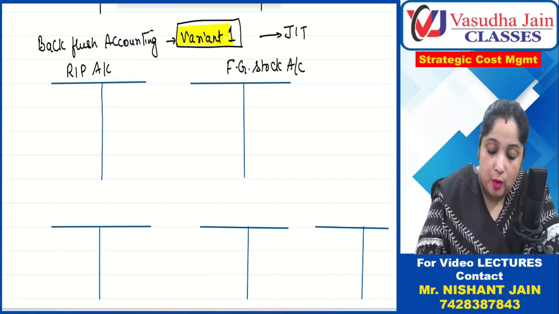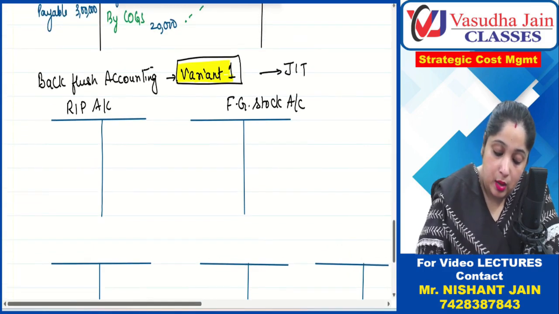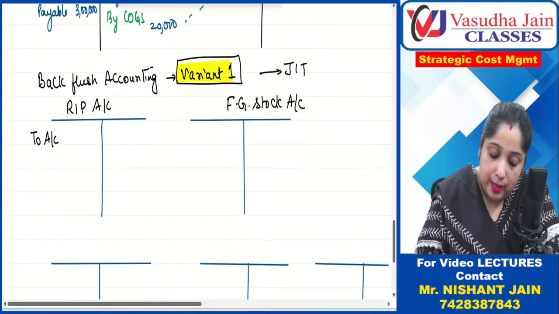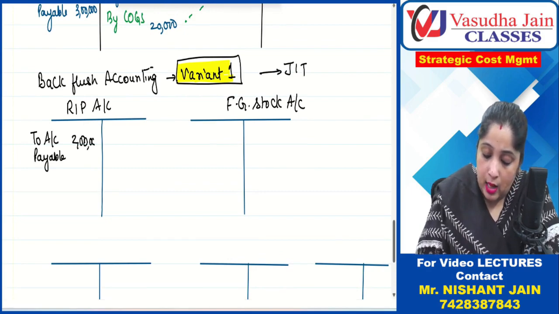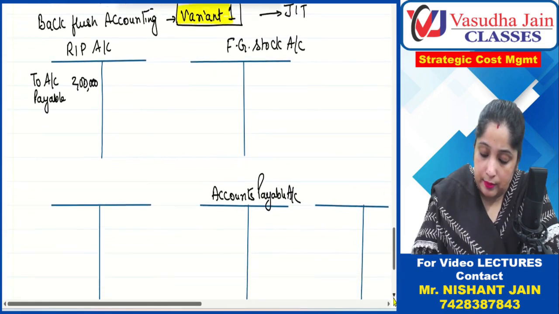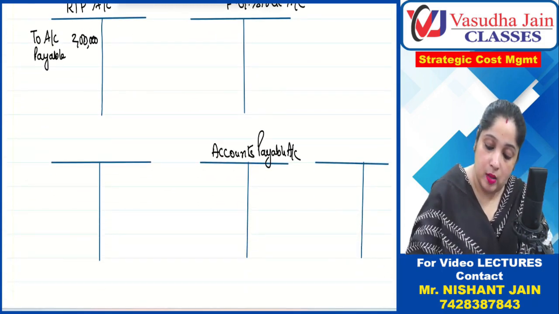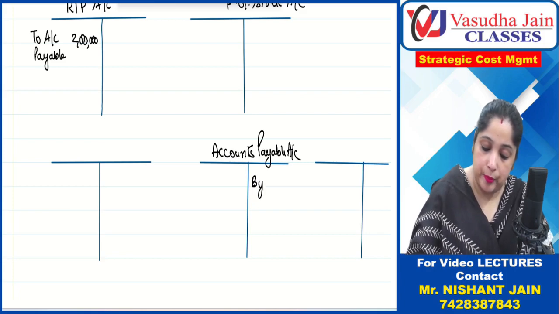Now you have purchased raw material, so you are going to write here to accounts payable 2 lakh, and under accounts payable account, you are going to write here by raw material in process account 2 lakh.